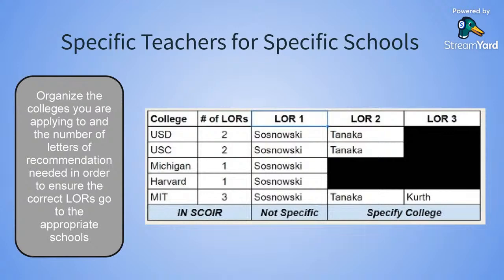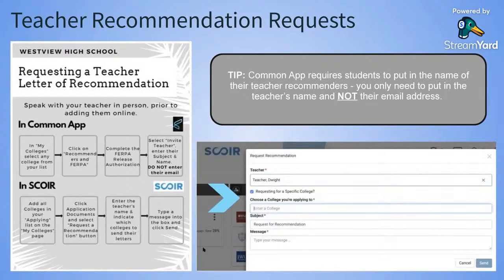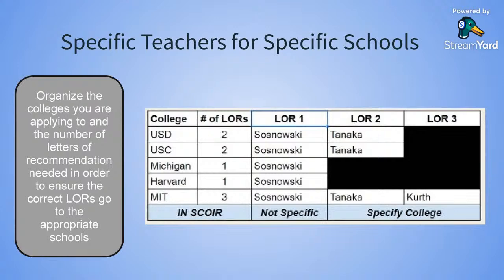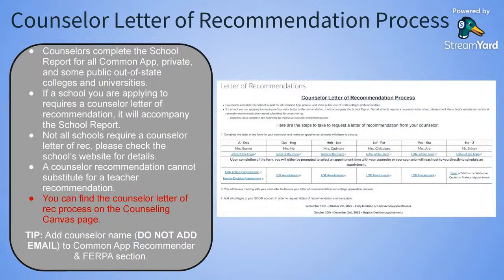They didn't click that specific colleges button right here under the teacher's name requesting for a specific college. However, for schools that used 2 or 3 letters of recommendation, for those teachers, they did list the specific colleges that they wanted the letters of recommendation to go to. That ensured that the students' letters were sorted out to the proper colleges and that everybody wrote for exactly what they needed.